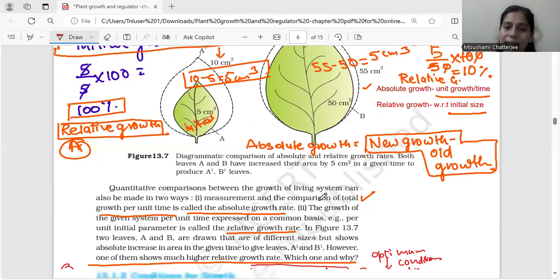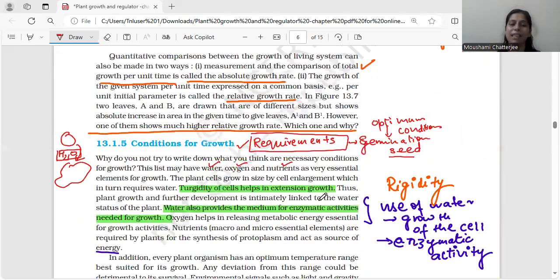Now let's understand the topic today. Let's start from conditions for growth. So now when we talk about growth in plants, you must have gone ahead and done an experiment on germination of seed. So what do we see during germination of seed? Do you think a seed is going to germinate if you do not provide it with optimum conditions? All right.